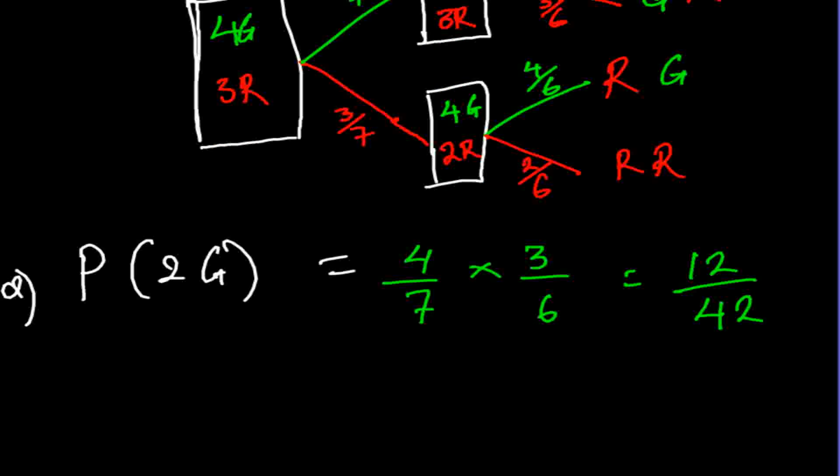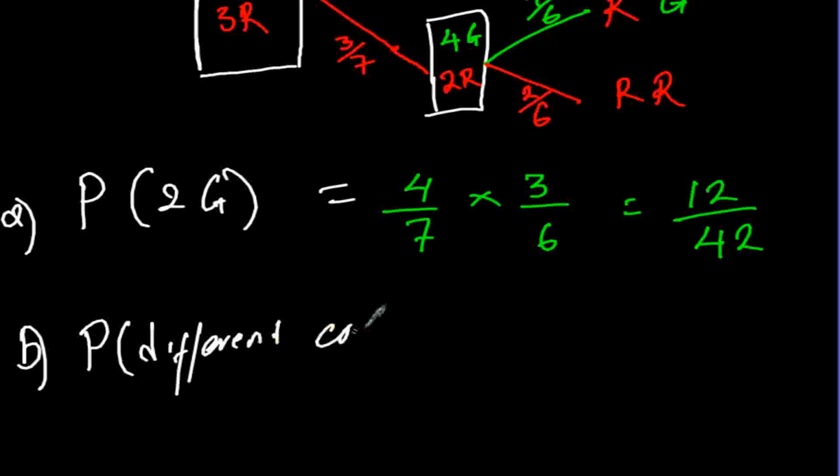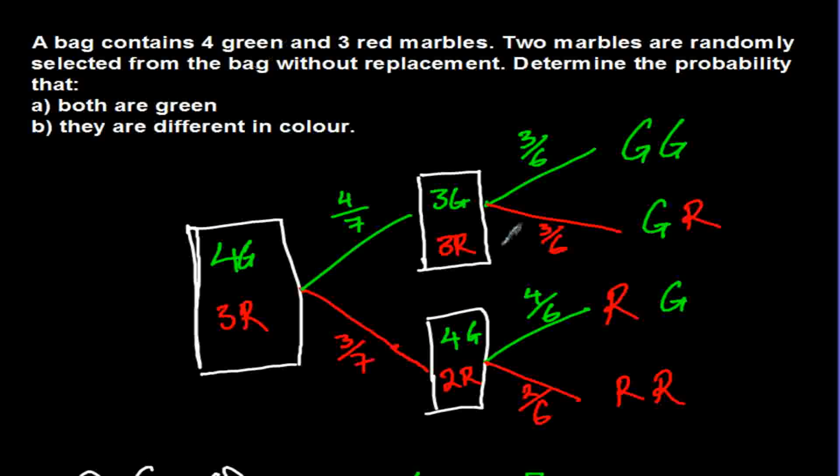we are finding the probability of picking different colors. So B, different colors. So to find different colors, we can either pick green first then red, or we pick red first then green.